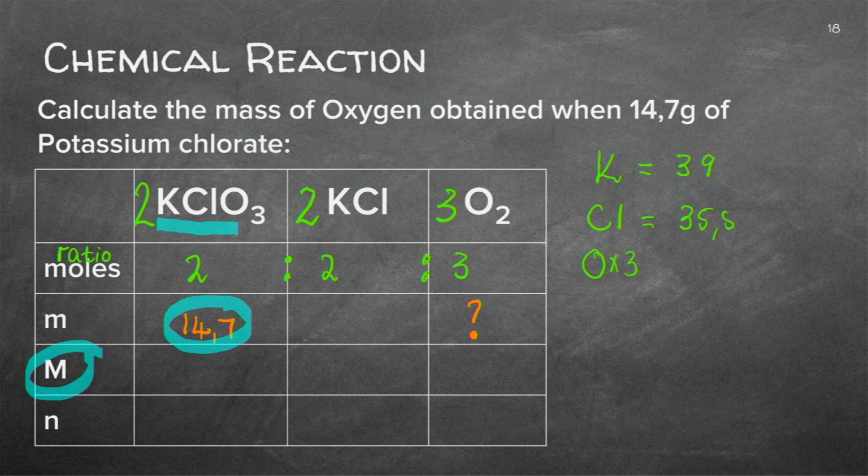That's the mass that you have a look on your periodic table. This will be 16 times 3. And if you add those together, you actually find 122.5 grams. So 1 mole of potassium chlorate will measure and weigh 122.5 grams.